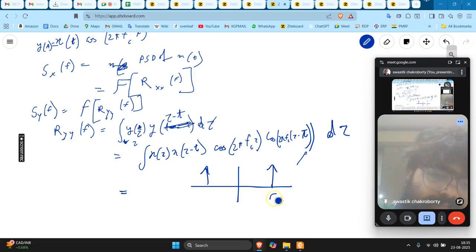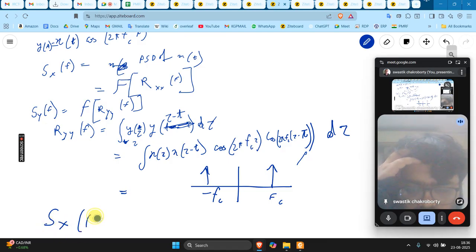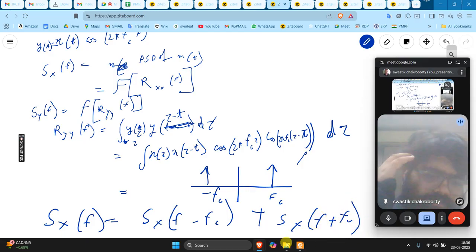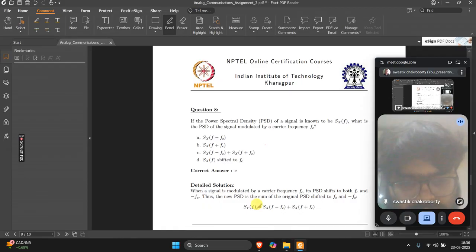So here in this product, the power spectral density of x will be once shifted by this fc, and in another turn it will be shifted by minus fc. So eventually your solution will be Sy(f) equal to Sx(f minus fc) plus Sx(f plus fc). Again, this is a very standard derivation you can find in the lecture or in any textbook. So it is the sum of the two frequency shifts. Our option C.